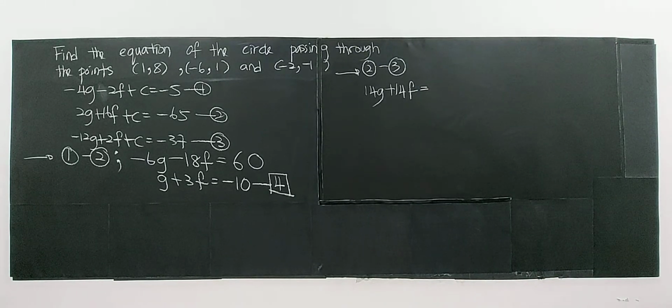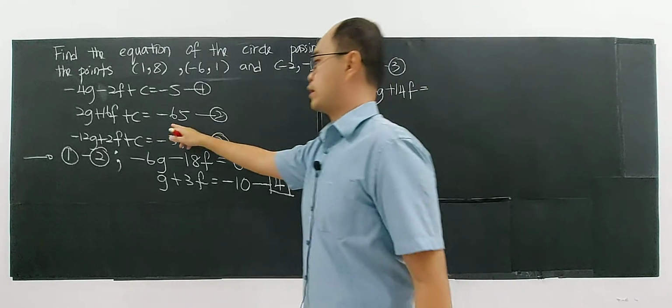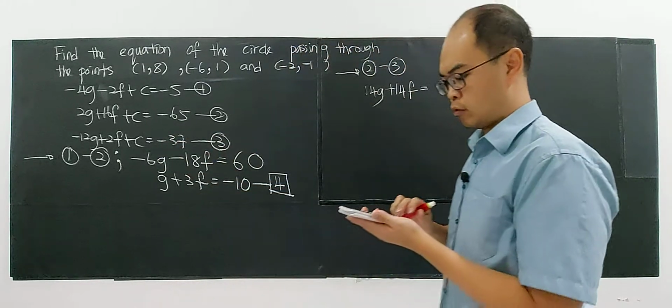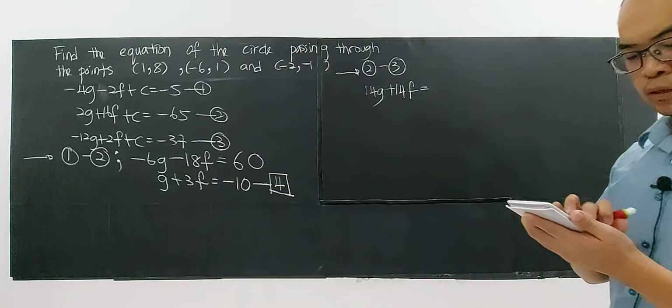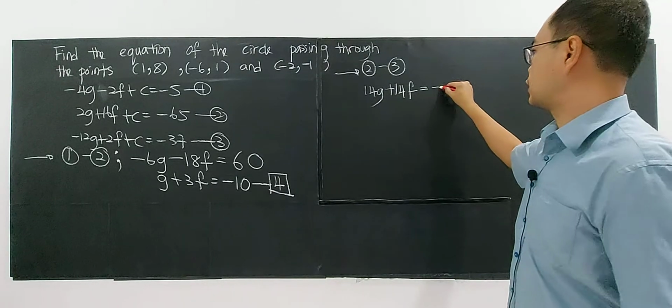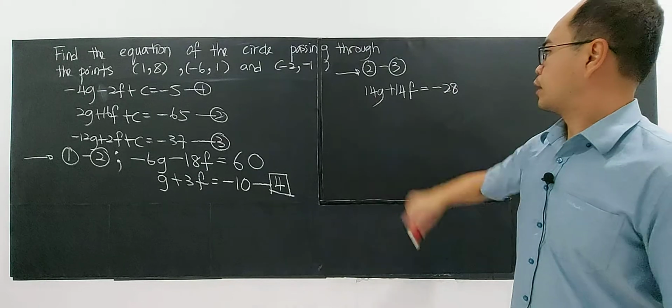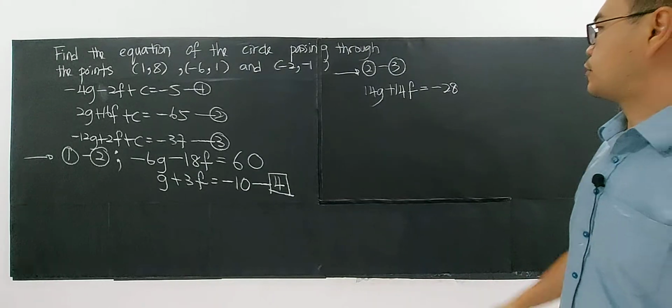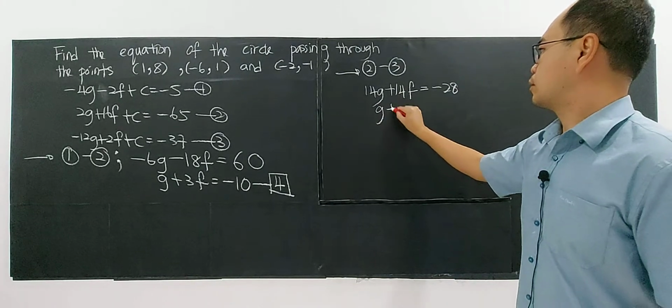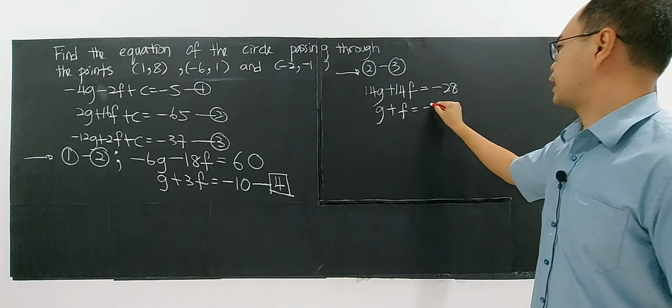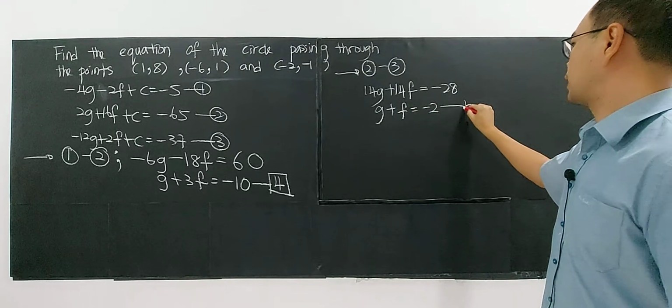And we take negative 65 minus negative 37, so we say plus 37. So we have negative 28. So we can divide everything by 14. So g plus f equals negative 2, equation number 5.